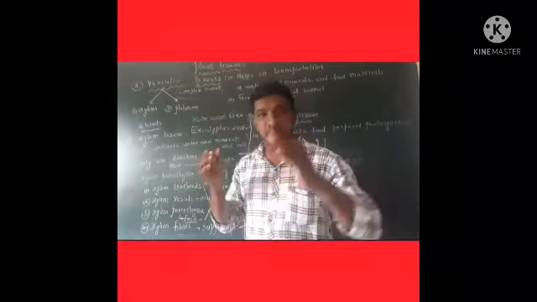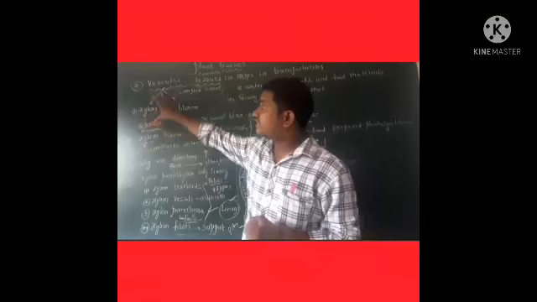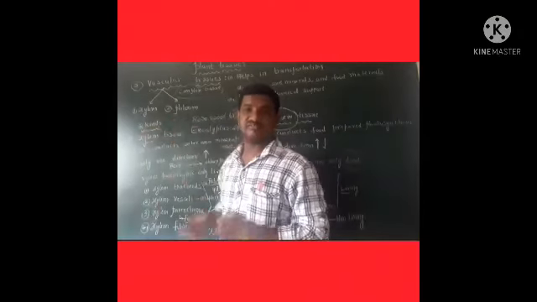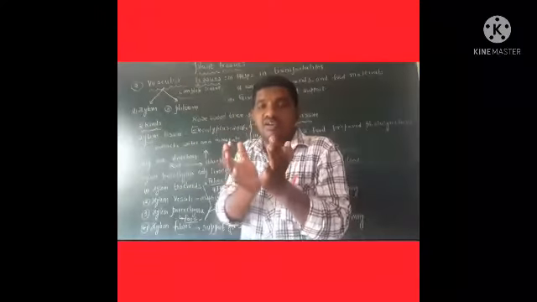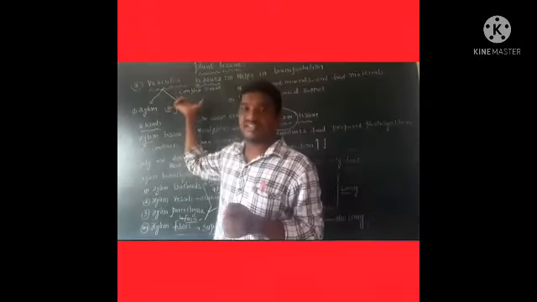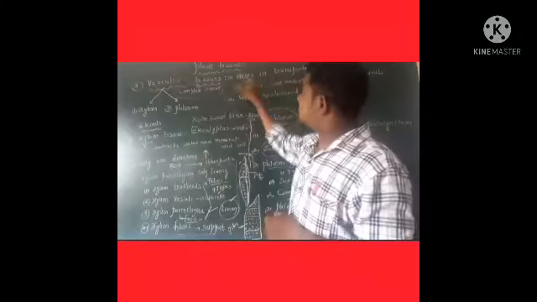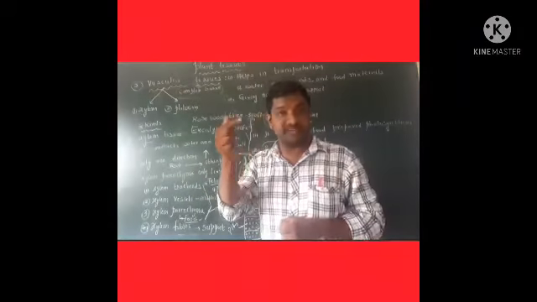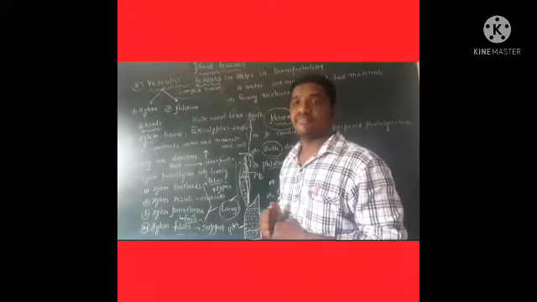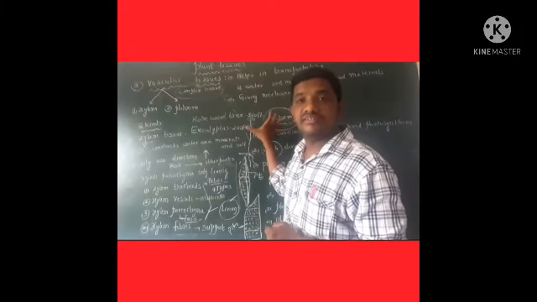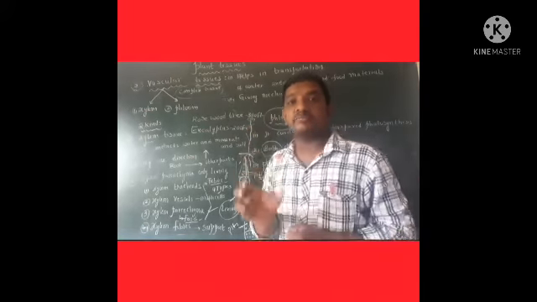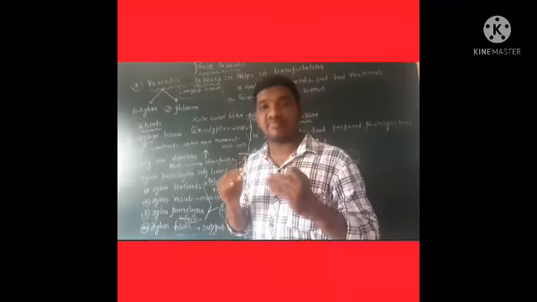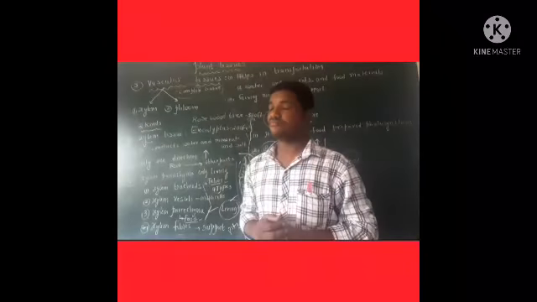Vascular tissue is a complex tissue. It consists of xylem and phloem tissues. Xylem and phloem together are called vascular tissues. They help in the transportation of water, minerals, salts and food materials. They give mechanical support to the plants because they consist of fiber-like structures.